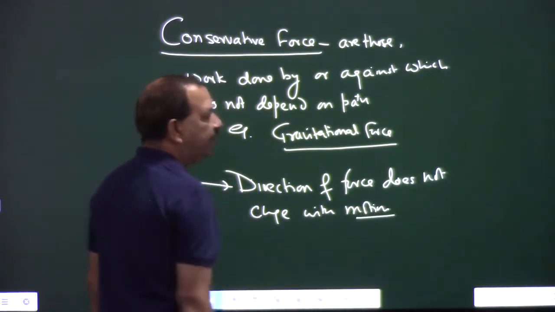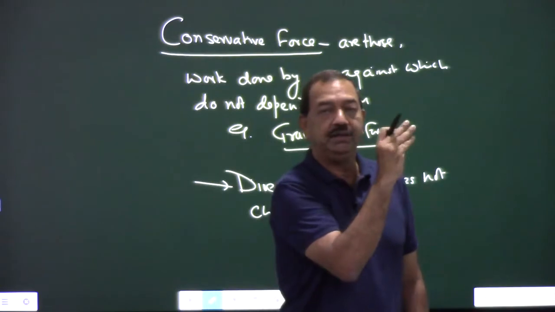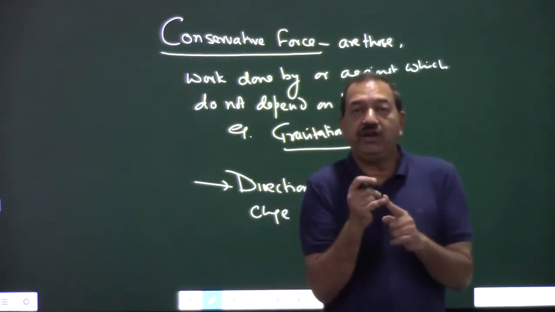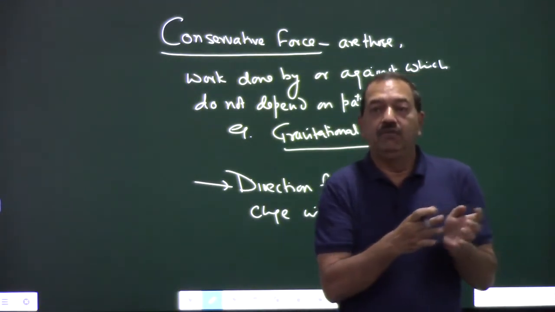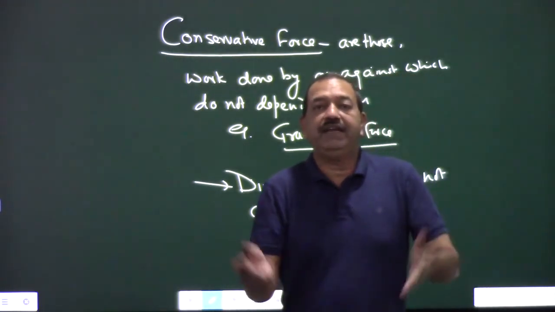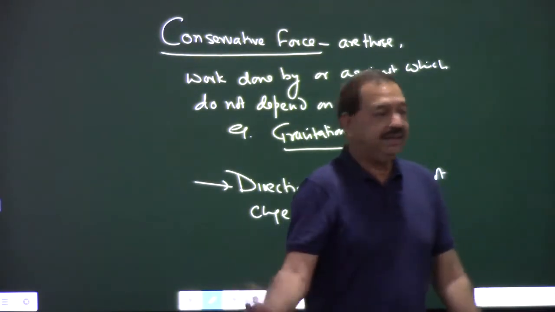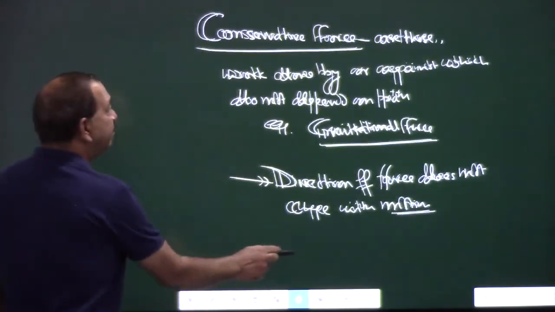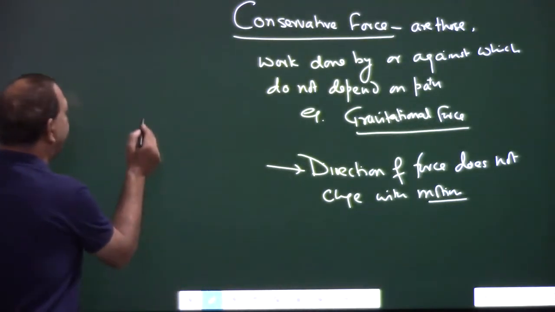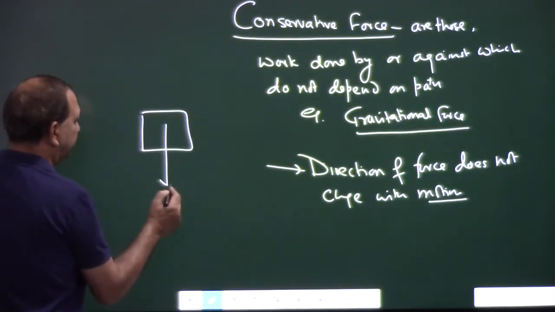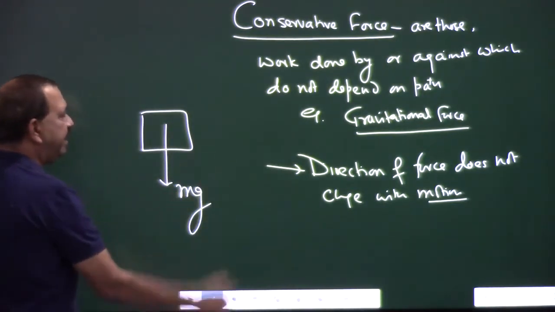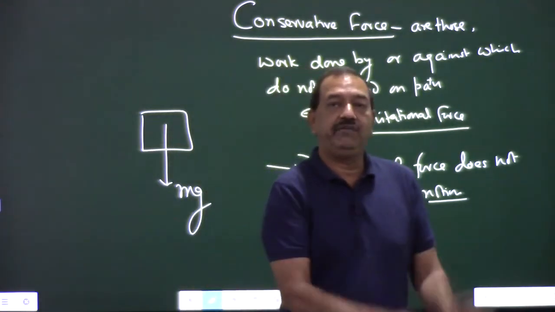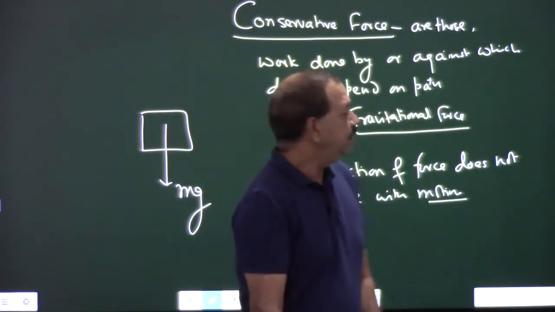An object is moving, and a force is acting on this object. If the direction of force always remains the same, whatever be the direction of motion, then we say the force is conservative. As in case of gravitational force, the gravitational force is always vertically downward, whatsoever be the direction of motion. So that's why the gravitational force is a conservative force, right?